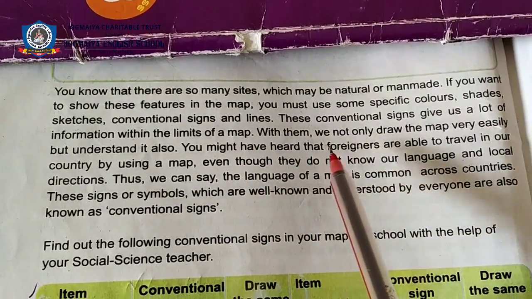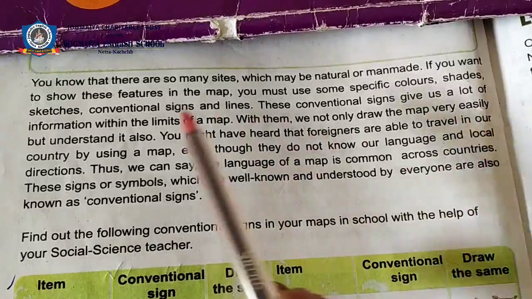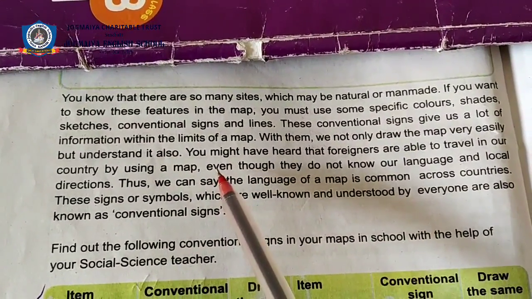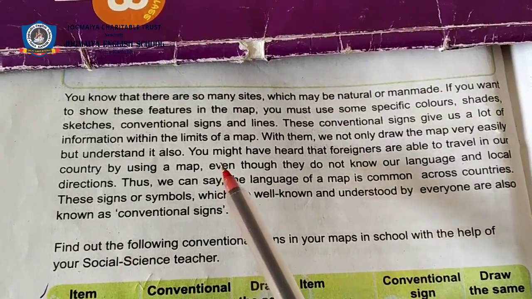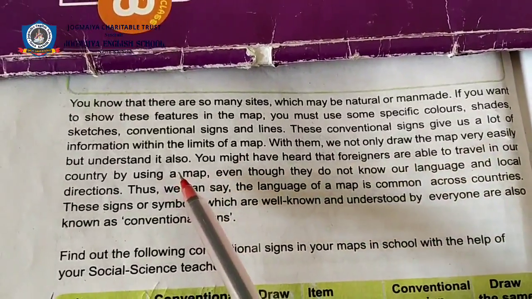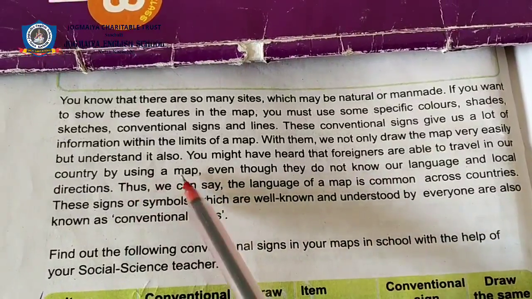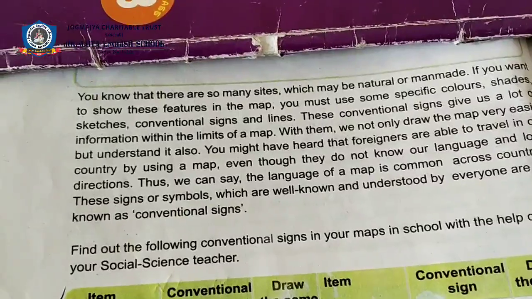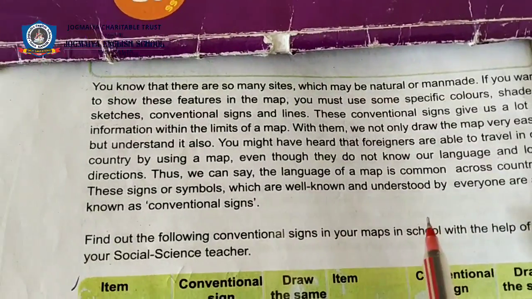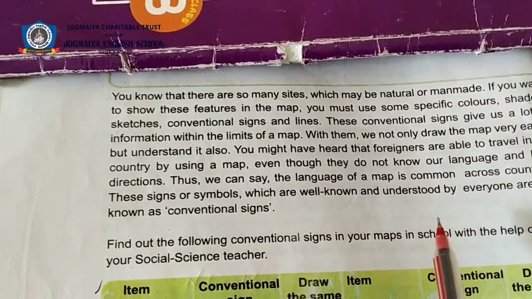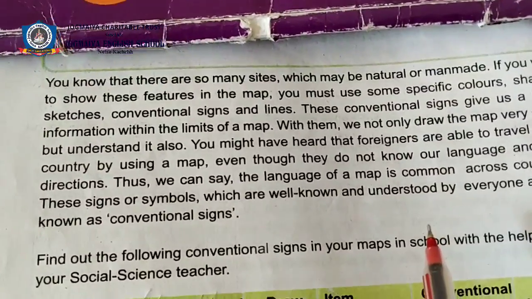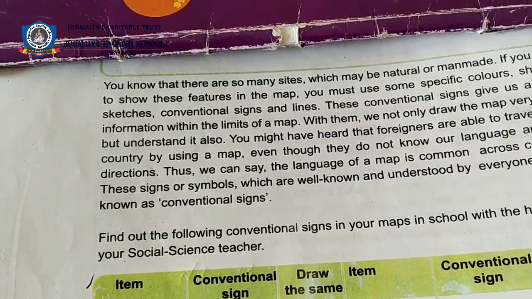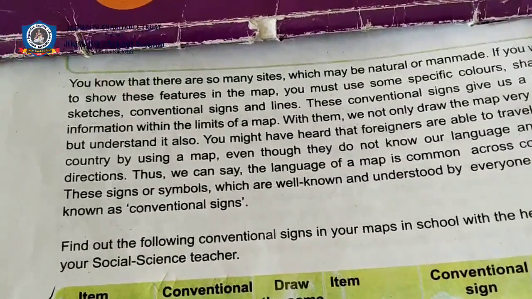You might have heard that foreigners are able to travel in our country by using a map. Even though they do not know our language and local directions, they are wandering in India because they have maps.